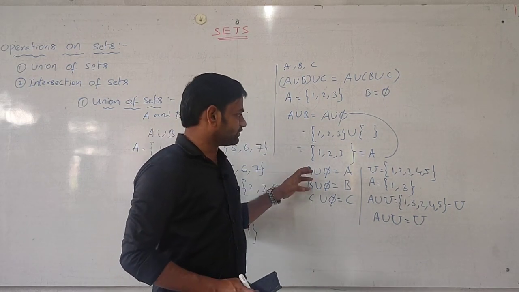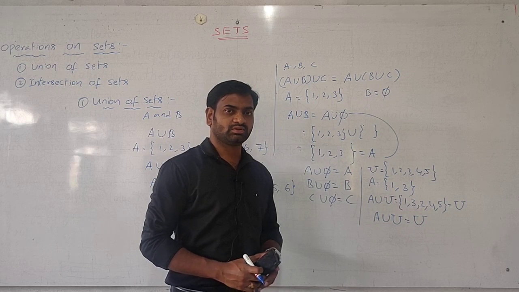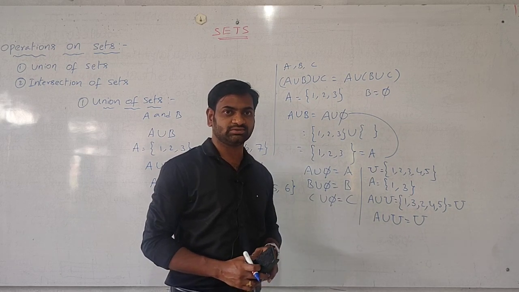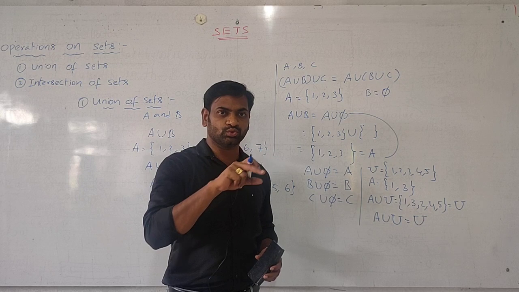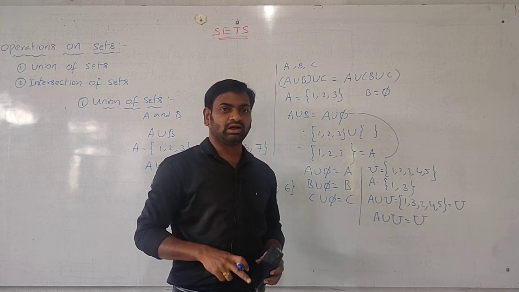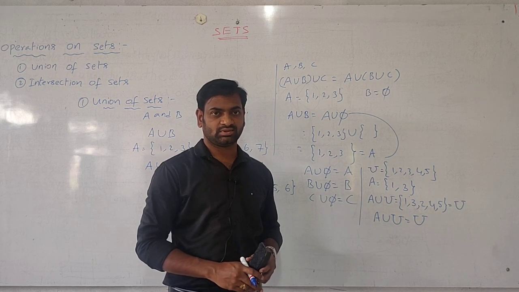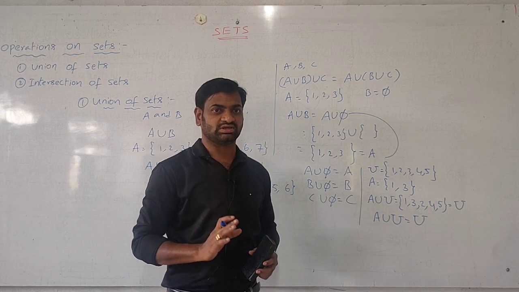What do you understand from these two examples? So simple logic here: when you are taking union, the answer is always the big set.